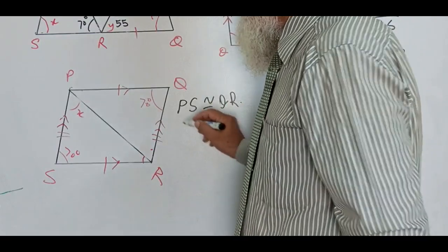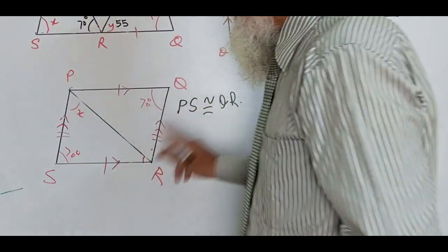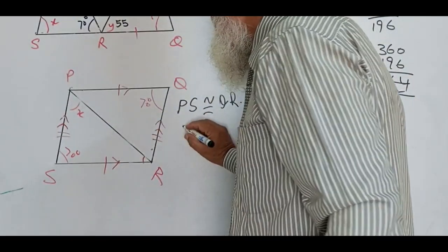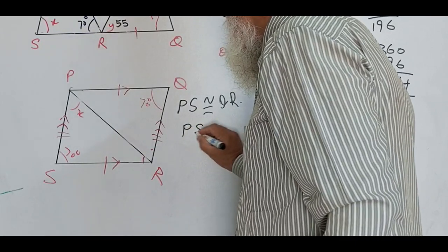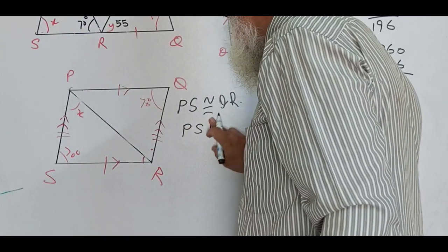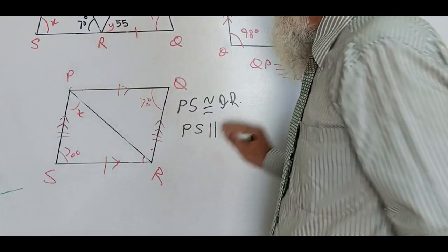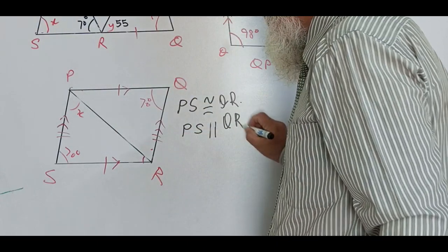And the condition number 2 was PS is parallel to QR.